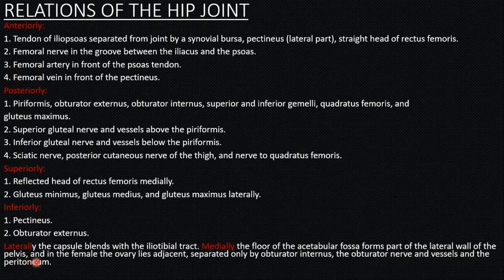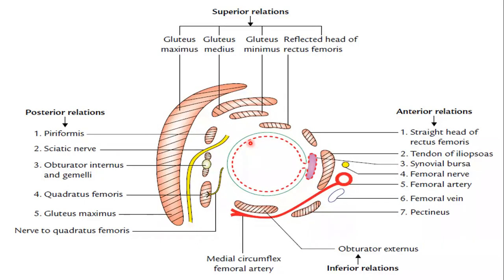So you can see that if the femoral head is displaced medially, in females it can even injure the ovary if it fractures the medial wall. So here, these are the superior relations.